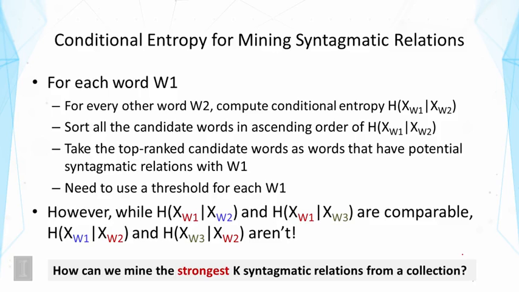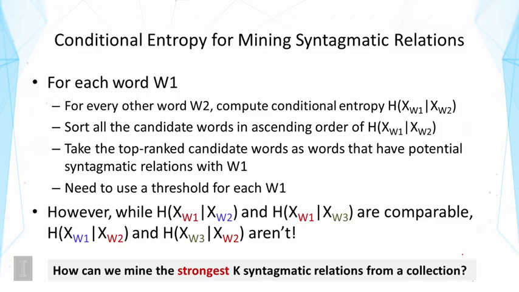And then we can take the top ranked candidate words as words that have potential syntagmatic relations with W1. Note that we need to use a threshold to find these words. The threshold can be the number of top candidates to take or an absolute value for the conditional entropy. Now this would allow us to mine the most strongly correlated words with a particular word W1 here.